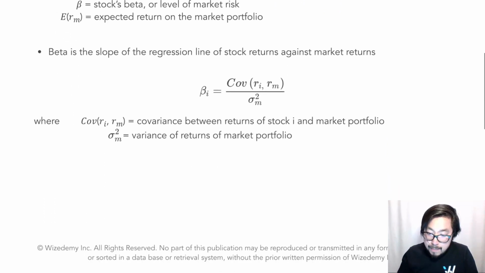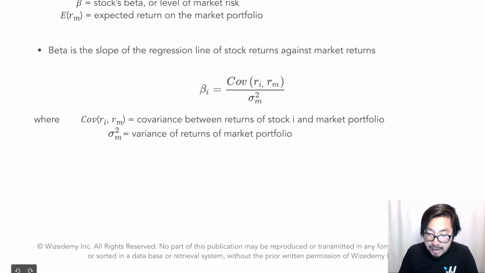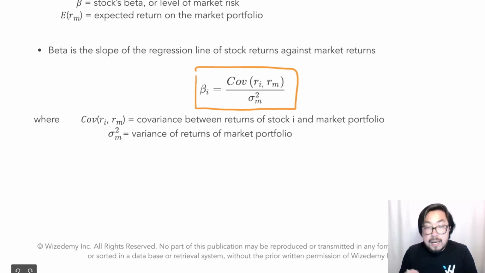And beta mathematically is calculated if we run a regression with some historical data, then beta would just be the slope of the regression line. And mathematically, it is the covariance of the returns of stock i with the market portfolio, all divided by the variance of the market portfolio.